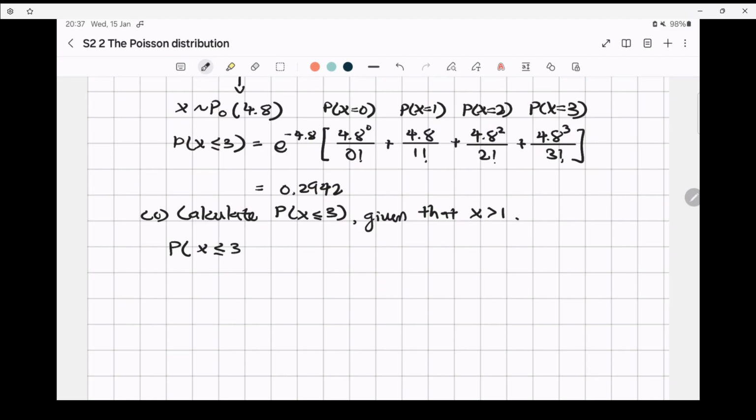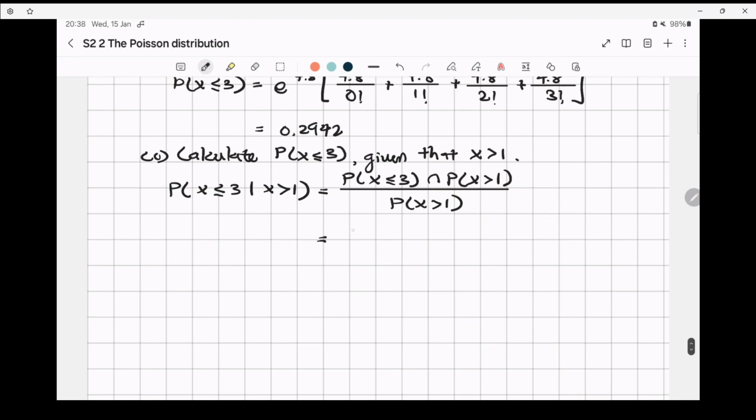So you want to calculate the probability when X is smaller or equal to 3 provided X is greater than 1. Use the conditional probability formula. So this is P(X smaller or equal to 3 intersecting X greater than 1) divided by P(X greater than 1).